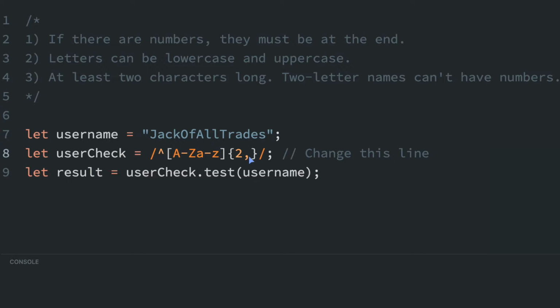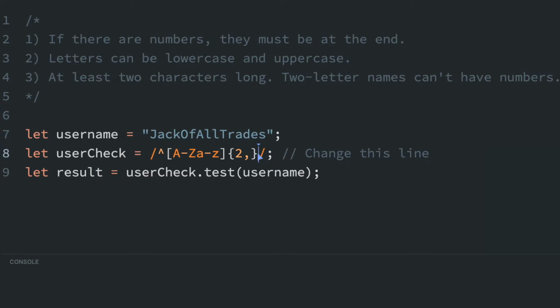So we know that every username is going to start with at least 2 letters, and since there's no number after the comma, it can have an infinite number of letters in the username. If we wanted it to have at max 8 letters, then we could put the number 8 after the comma. But since we don't care about the max, we're going to leave it as nothing after the comma.